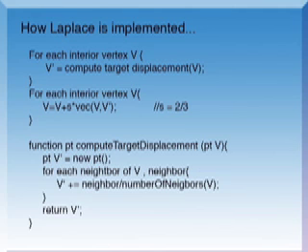Watch as the center vertex moves towards the center of its neighbors with each iteration. The repetition of the Laplace smoothing algorithm converges to a mesh that is evenly distributed. Watch the effect of Laplace smoothing on a mesh that has a randomly distributed interior. Here is some pseudocode that implements Laplace smoothing.